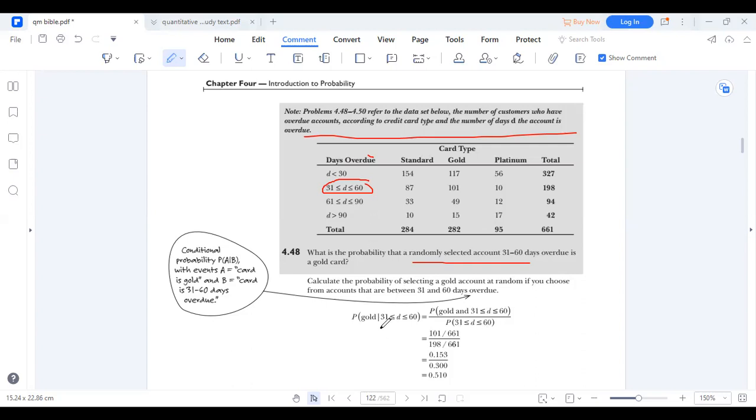This is a conditional probability. Meaning that the 101 is here, gold and this range, 101 over 661.